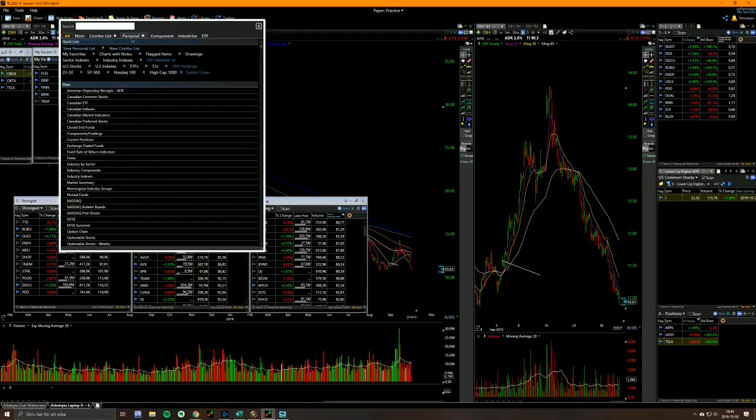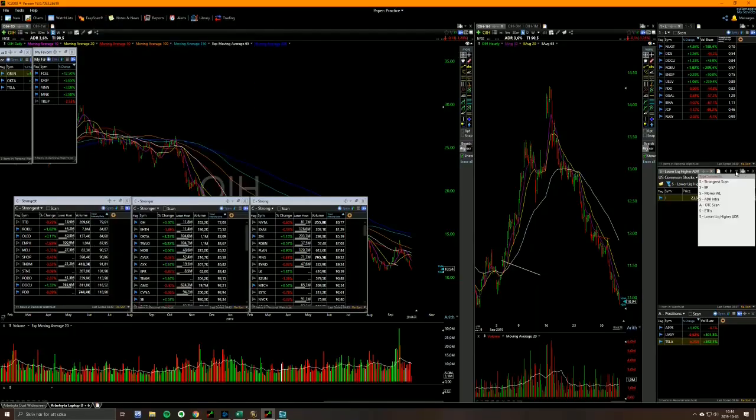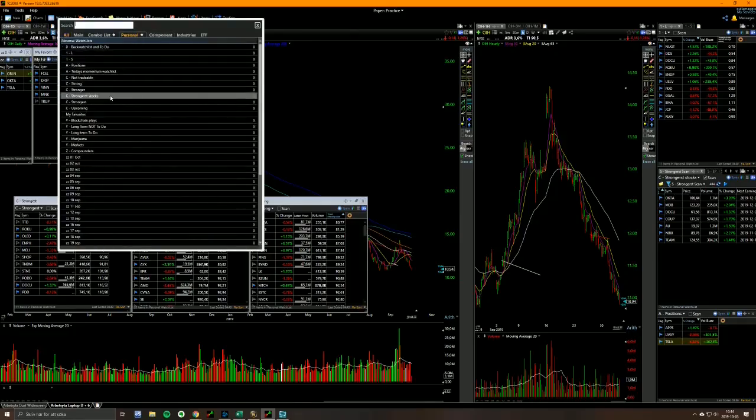And then I have a scan, it's called the stronger scan. It pretty much scans these three watch lists, or I have a watch list called stronger stocks, where every week I go through these and just move stocks around and add new ones or remove old ones, and I put them on this watch list here, stronger stocks.